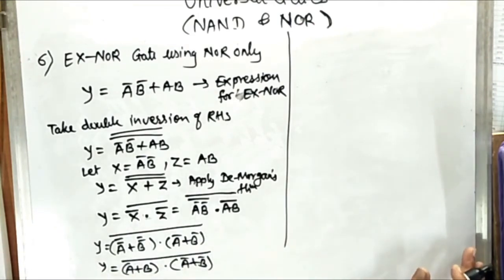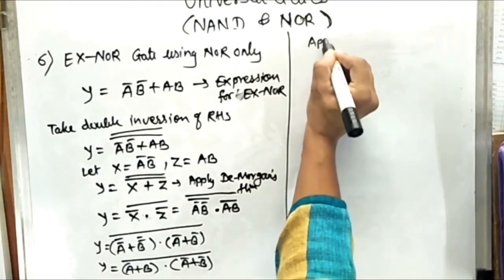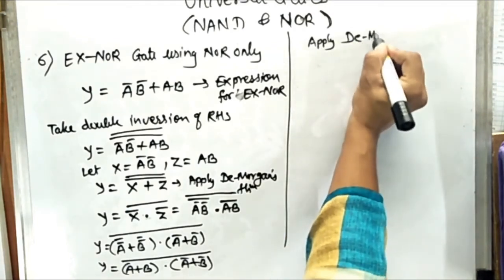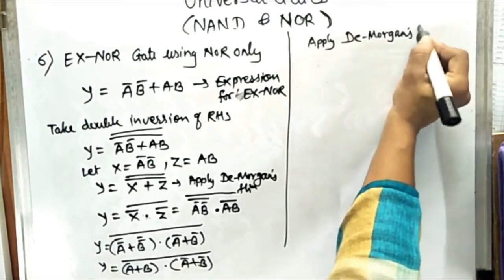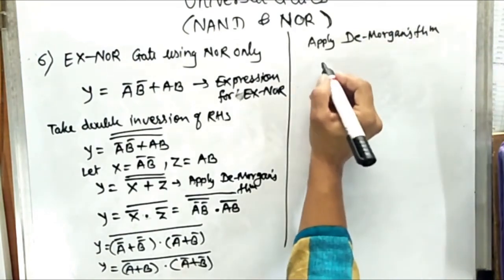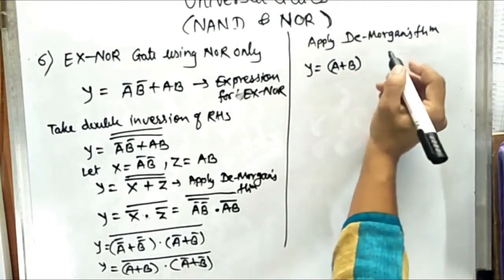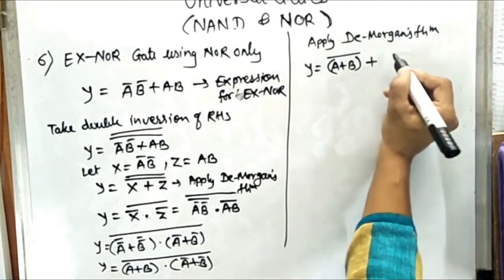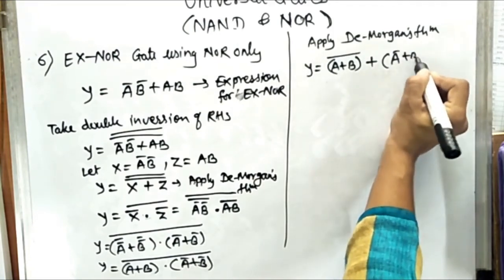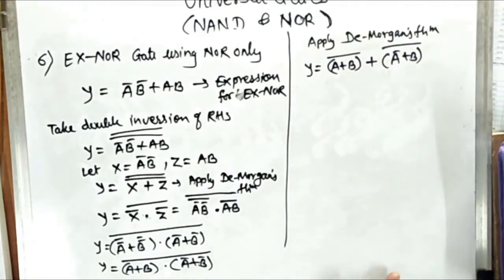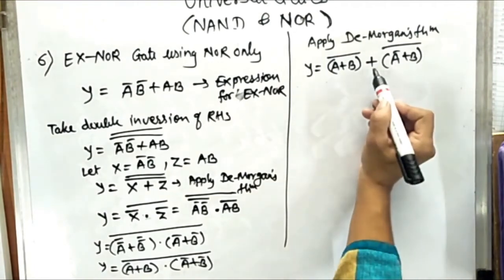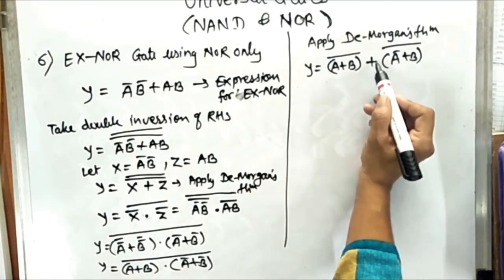Okay, so to convert this NAND operation into NOR, we have to use again De Morgan's theorem. So apply De Morgan's theorem. So we get Y equal to A or B complement plus A complement B complement, its complement. So here we have to convert this OR into NOR.